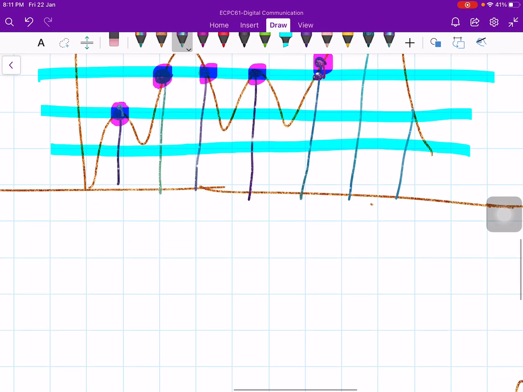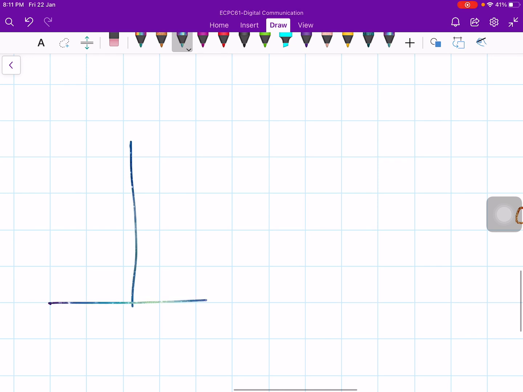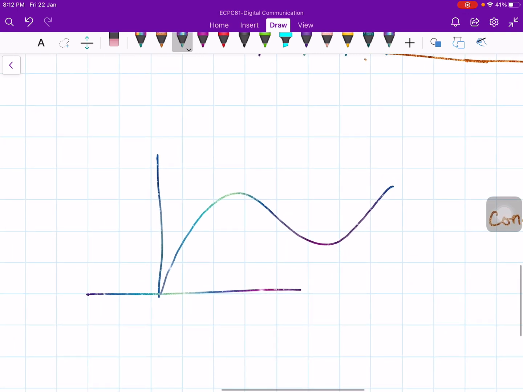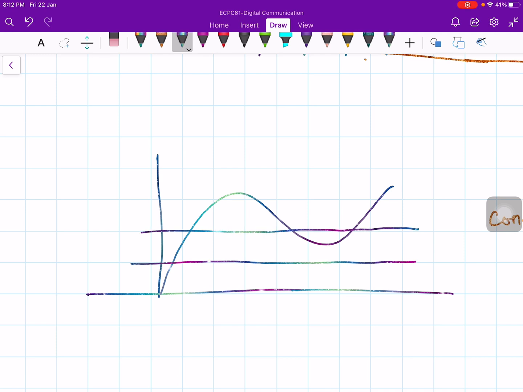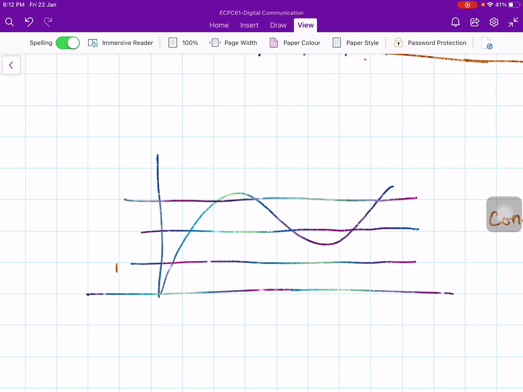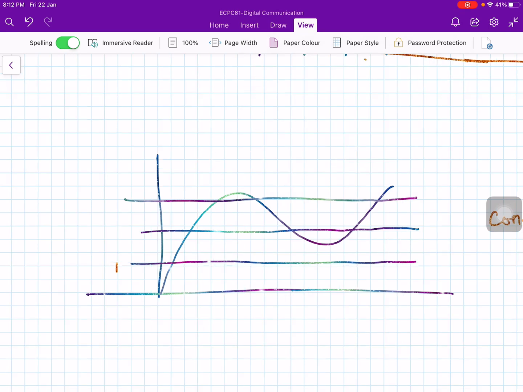Maybe I'll draw one more figure. Now these are my discrete levels. Let's say this is 2 volt, 4 volt, 6 volt, like that, or you can take 1, 2, 3, 4 also, not an issue. Maybe I can change the grid view so that I can get more accurate values.